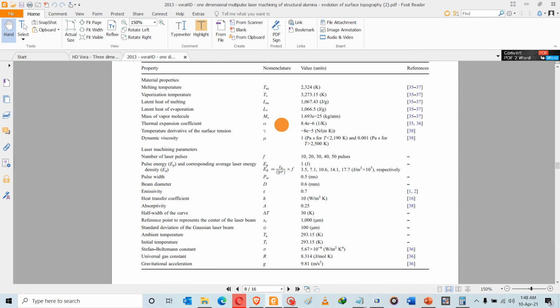Since in the previous demonstrations we added the material properties, we're going to skip this section and move on to the laser machining parameters.